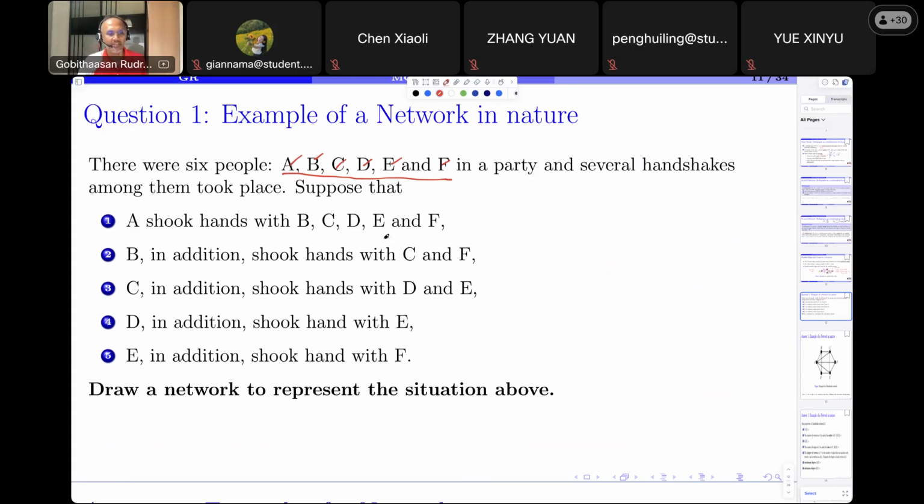For example, if A shook hands with B, C, D, and E, B will be an edge, C will be another edge, D will be another edge, and so on until AF.